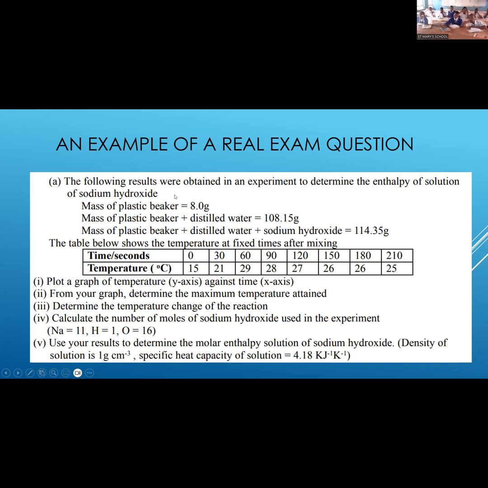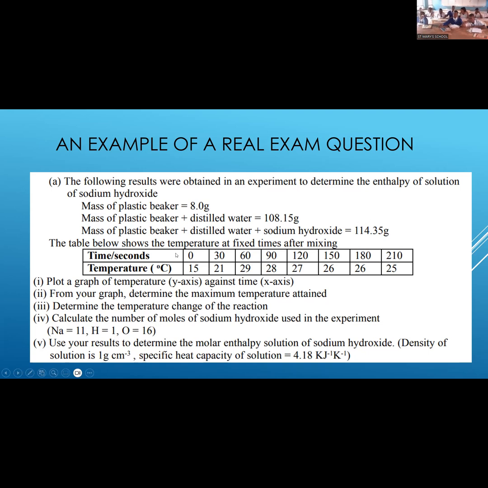So they tell you that they've got the mass of a plastic beaker, that plus some distilled water. So you can work out the mass of the distilled water. And then they tell you when they've added the sodium hydroxide, that's the mass there. So the third number minus the second number will give me the sodium hydroxide, and the second minus the first will give me the mass of water.